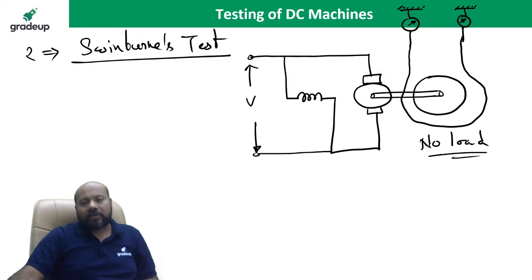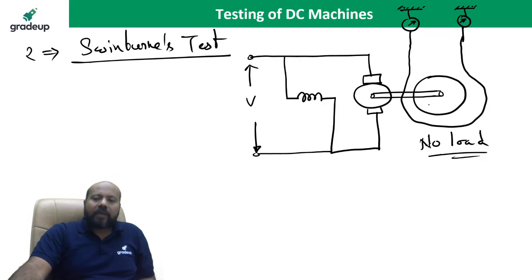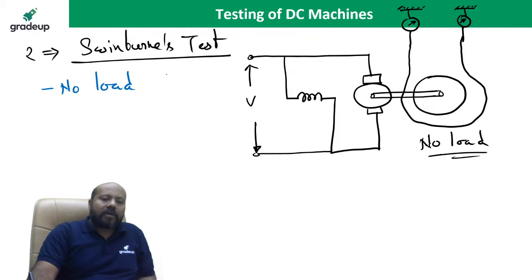That is why we are showing the breakdown, and we are representing this belt of the breakdown as loose. That is, we want to say that it is the no load test. So the first thing about the Swinburne test, you have to understand that it is a no load test.